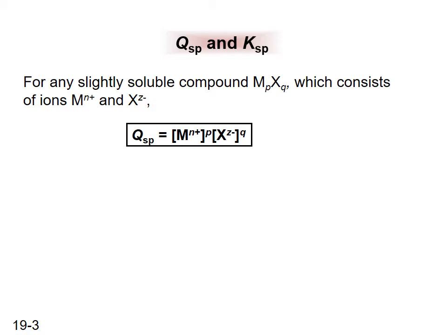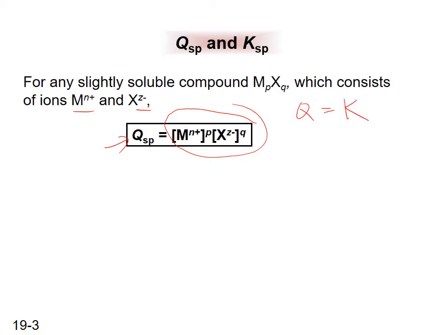As we have shown in the last slide, if a solid is only slightly dissolved in water and ionized into cation and anion, the reaction quotient can be represented by Qsp, the ion product expression, which is the product of the ions. As we know, when a reaction reaches equilibrium, the reaction quotient equals the equilibrium constant.